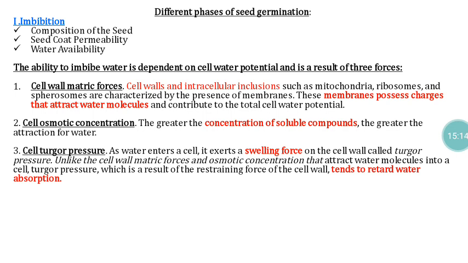In some other cases, like salt affected soil conditions, the soil will have some water, and the seed you are going to sow also has some amount of water. If you compare the seed sap concentration with the soil water concentration in the salt affected soil condition, the soil water concentration will be more. At that time, instead of water entering into the seed system, whatever moisture is available in the seed system will come out of the seed system.